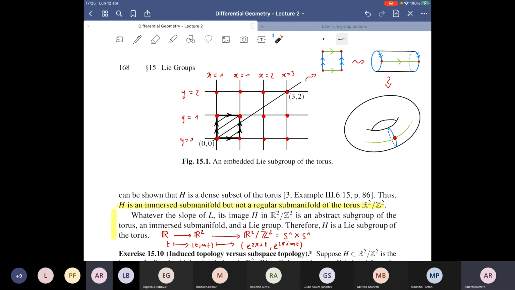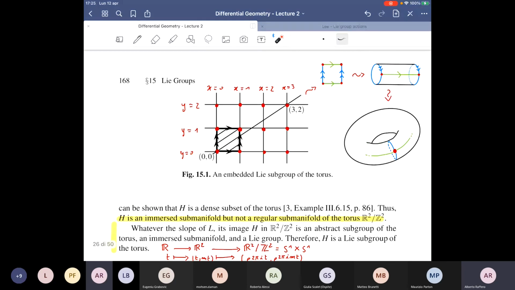So this means in particular that if you focus only on this square, you will get the torus just by identifying these two sides and these two sides in the way described here. You should have seen this last time. You have this square with the sides identified, so the green one identifies with the green one. You glue them, using the three-dimensional space to make this gluing, and you will end up with a cylinder.